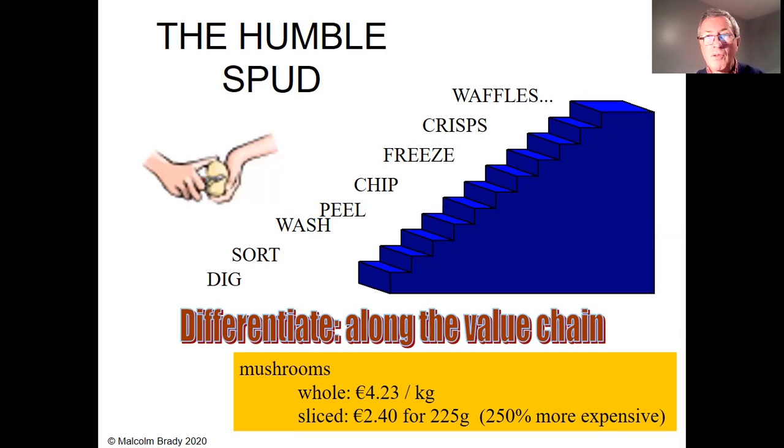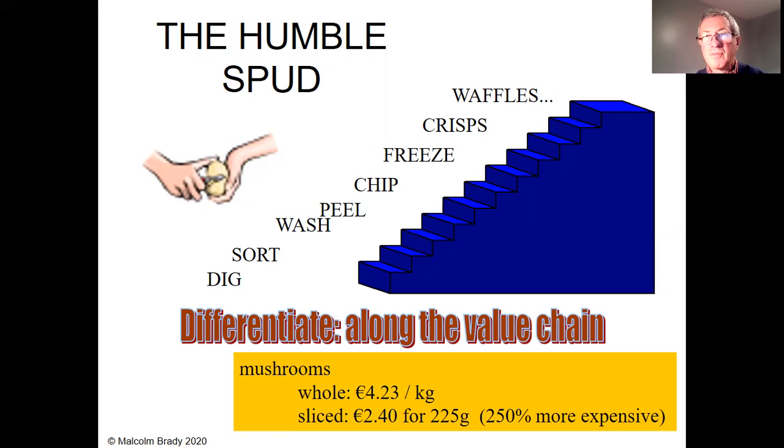So an ordinary household might be happy enough just to have washed potatoes. However, restaurants and so on might like them chipped and peeled, or peeled and whole. And that is an activity carried out for them, for which presumably the potato suppliers charge some extra price. And then if you go to chips and crisps and waffles, they can add a huge amount of extra value.